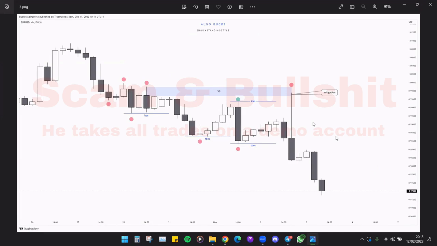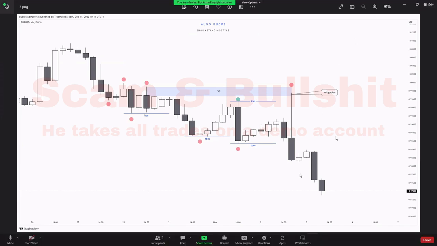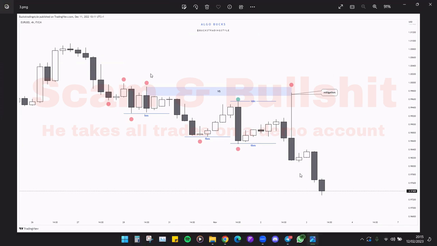Now let's look at this. What we have right here is one of these external structure points. Price came all the way down, came up, came down to this point. So this becomes our fake break of structure. This becomes our ILQ. Because price came all the way up, opened right here.